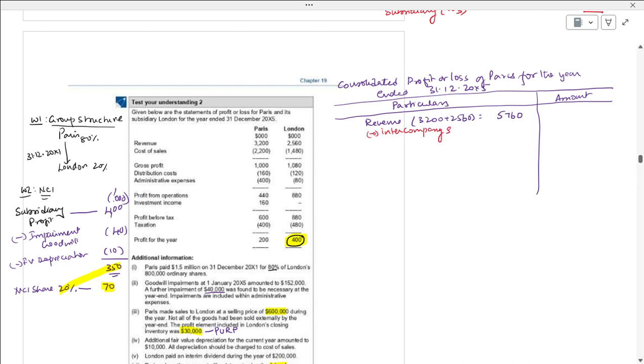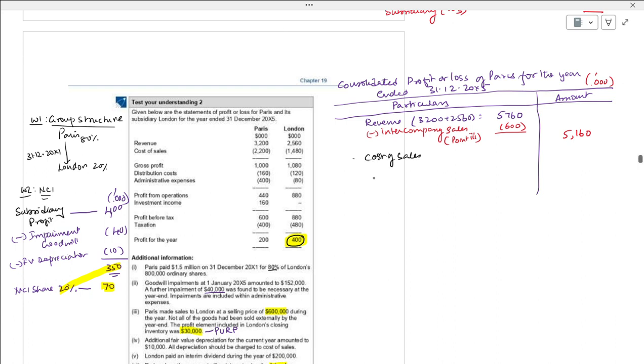How much is the intercompany sales? 600. This is in thousands. From where did we get intercompany sales? Point number 3. So it will be 5,160.